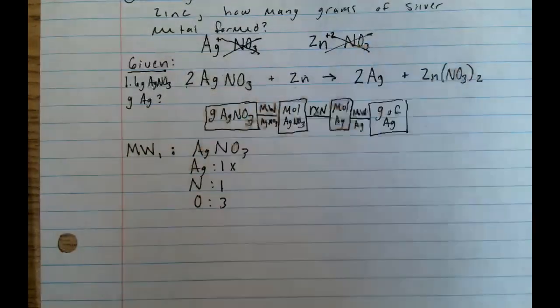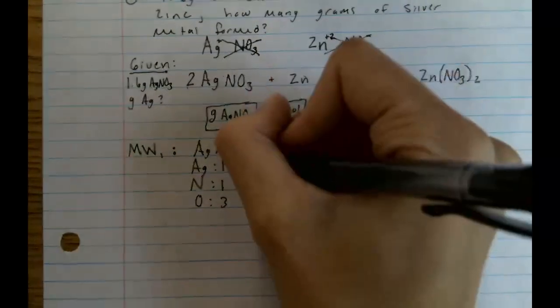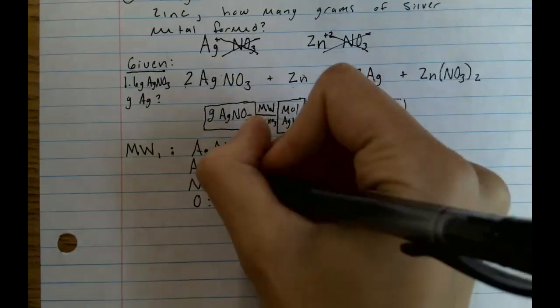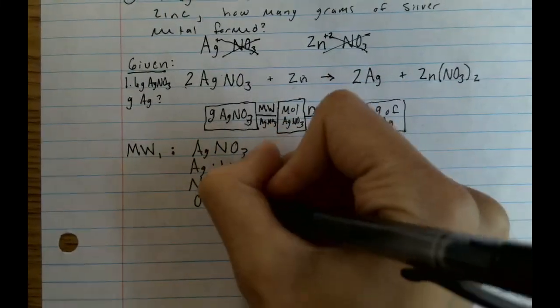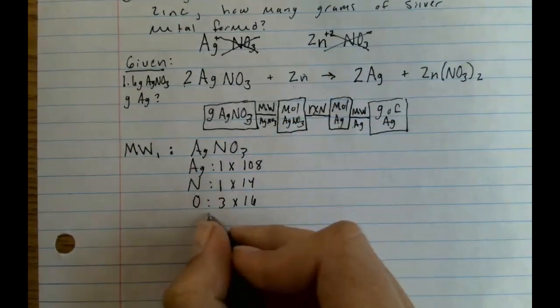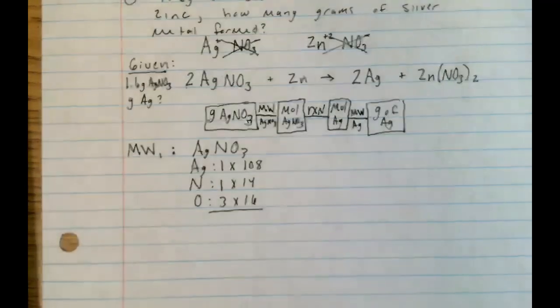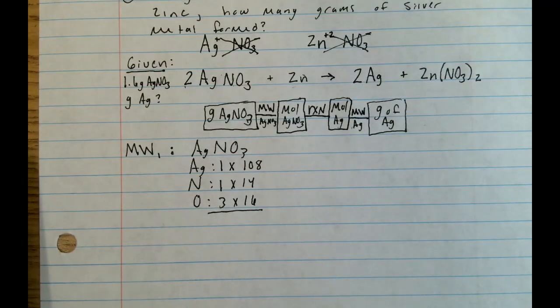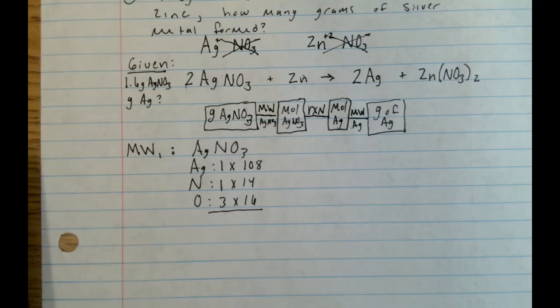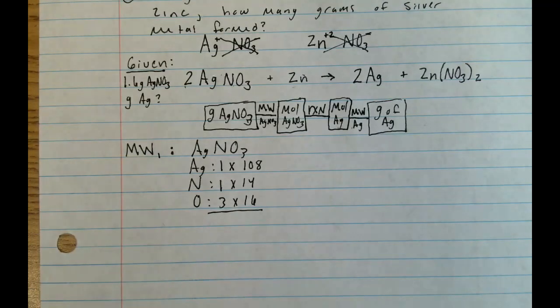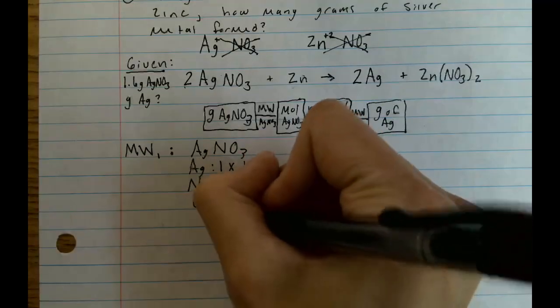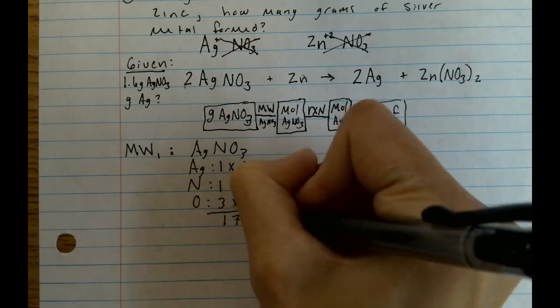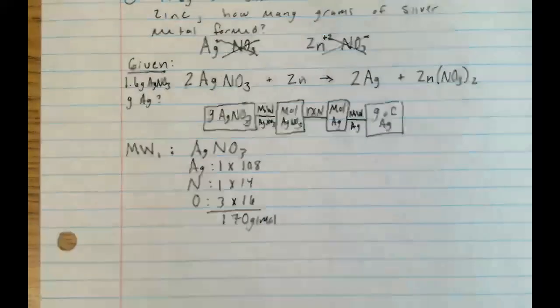So silver's atomic mass is about 108. Nitrogen is about 14. Oxygen is about 16. Multiply all these values out, add them together. And you should get about 170 grams per mole.